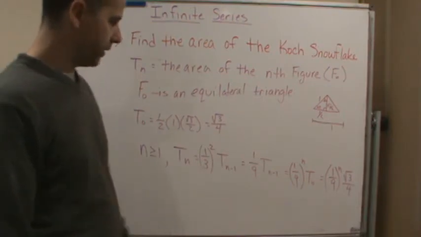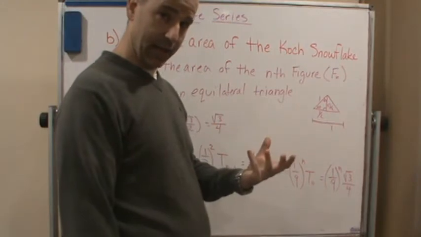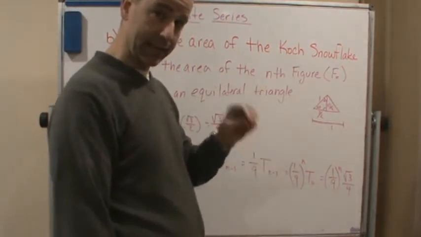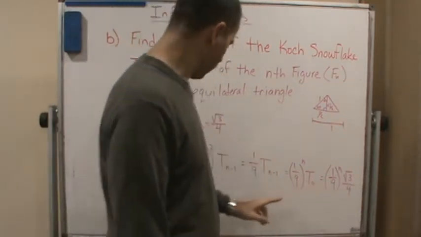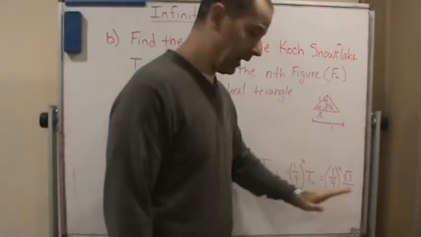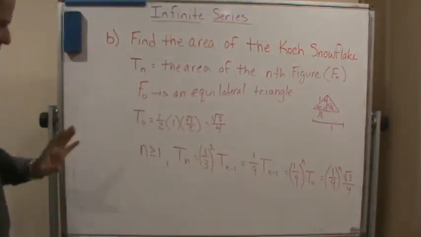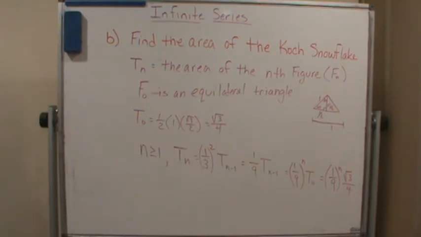Okay? Because this ratio doesn't change, because each isosceles triangle is still going to have the same ratio of sides. It's just that the length of each side is reduced by 1/3. So then you get this. Okay, so understand that T sub n represents the area of each new triangle. Okay, so again, that's just so everybody is on the same page.